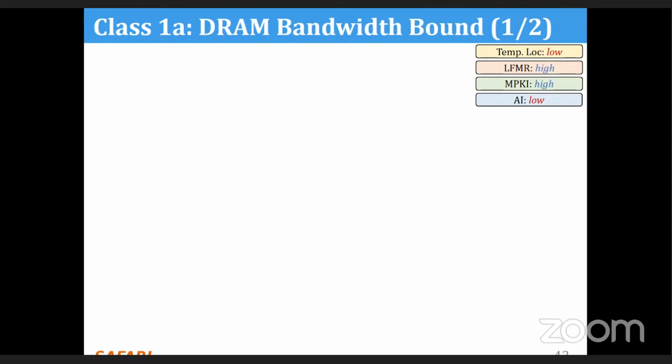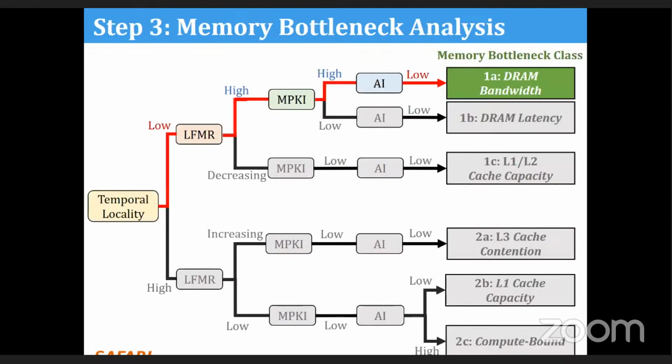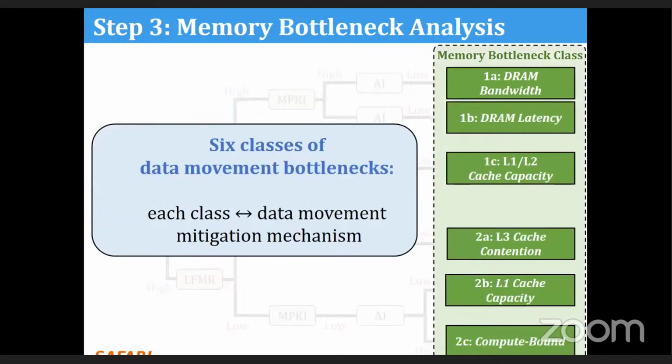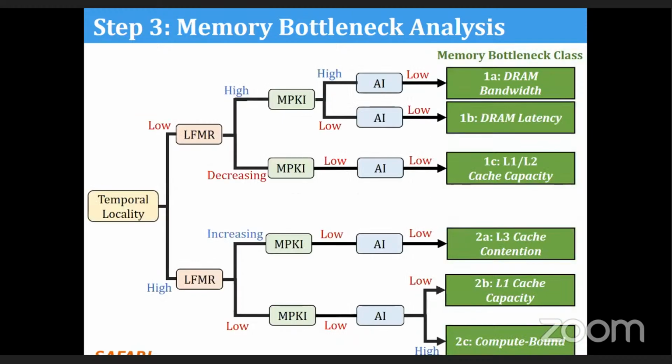Okay, yeah, go ahead. When you defined on the graph the scale from 0 to 1 for spatial and temporal locality, how did you get them within a range of 0 to 1?